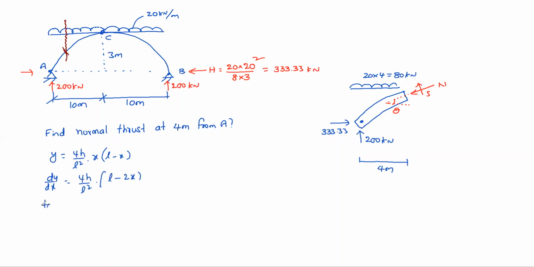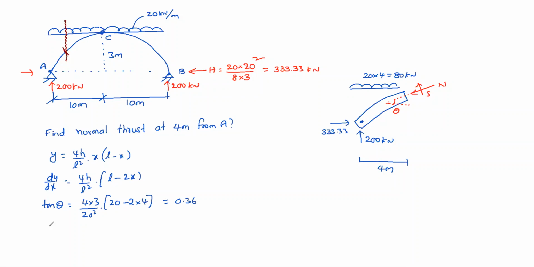So tan theta equal to 4 into 3 by 400 into 20 minus 8, which is 0.36.